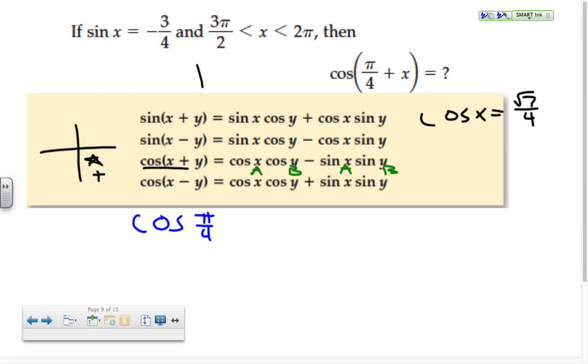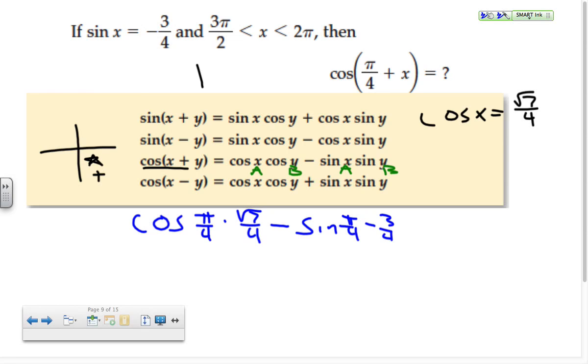Cosine B is the cosine of x, which we solved and figured out to be the square root of 7 over 4. Now, the sine of A is sine of pi over 4. And the sine of B is this value right here, which is negative 3/4.